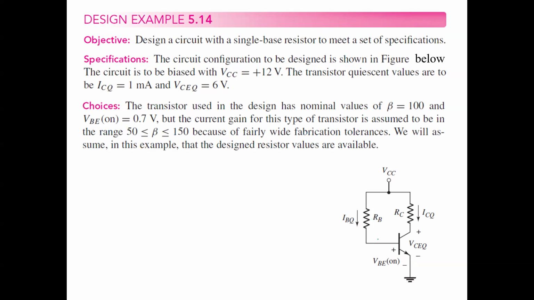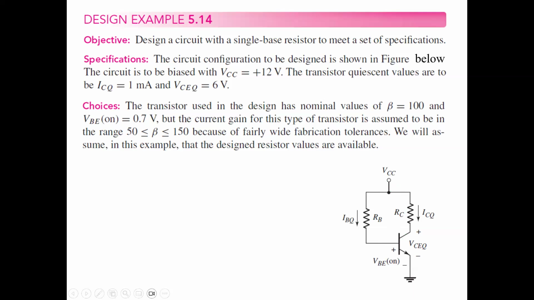So you have to memorize this configuration. Single base resistor means we have just one resistor connected from the VCC to the base of our transistor, and all the time we will have one resistor connected from VCC to the collector, and the emitter is connected to ground.